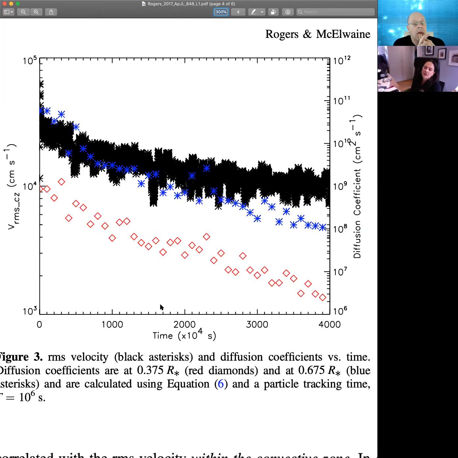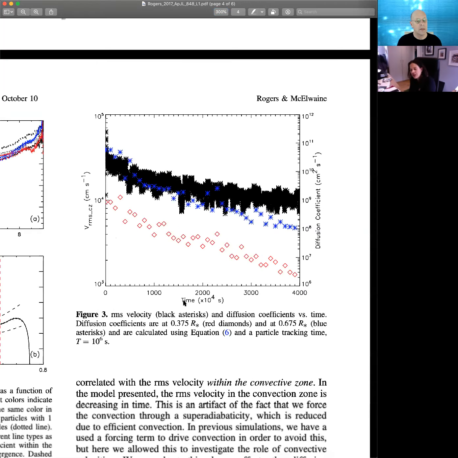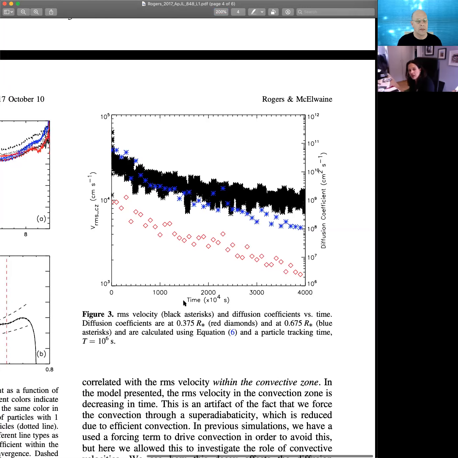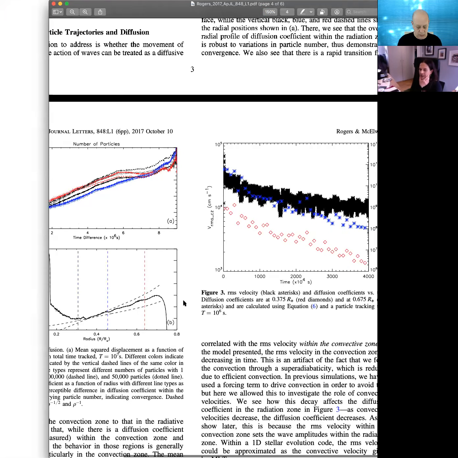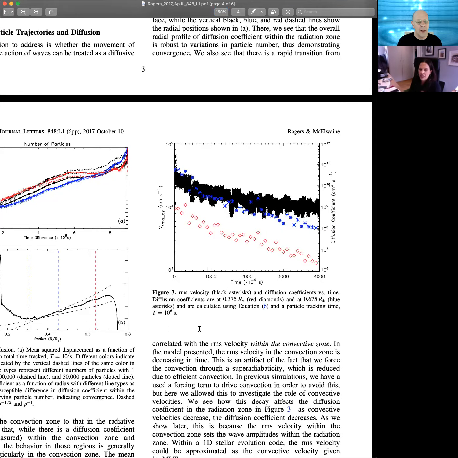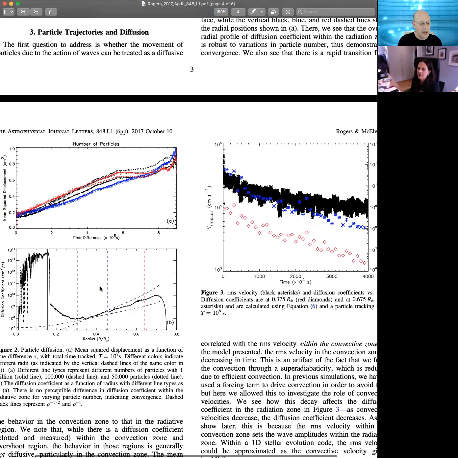So clearly the diffusion coefficient in the radiation zone has something to do with the convective velocities. The next thing is that profile, the diffusion coefficient ticking up with the radius. If you work with waves in stellar radiation zones at all, you recognize that looks like a wave amplitude.